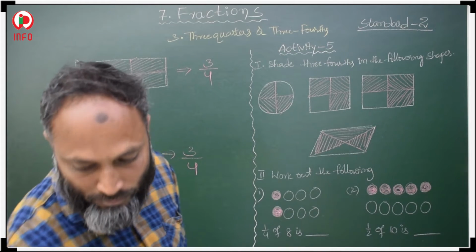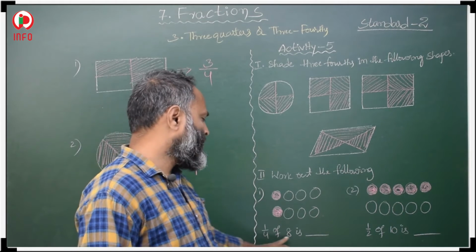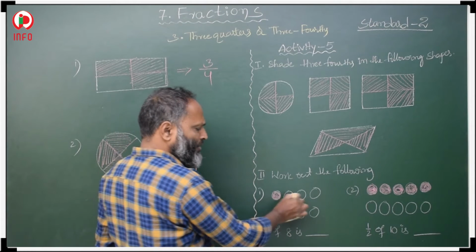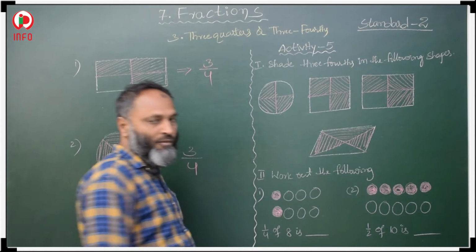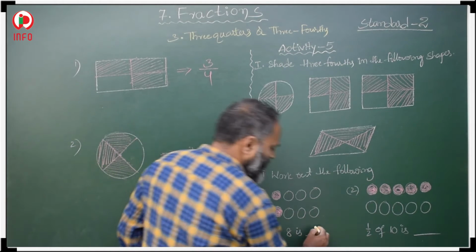Now he is asking 1/4 of 8. Counting 1, 2, 3, 4, 5, 6, 7, 8. 1/4 of 8 means you just see how many are shaded and write it here. 1/4 of 8 is 2.